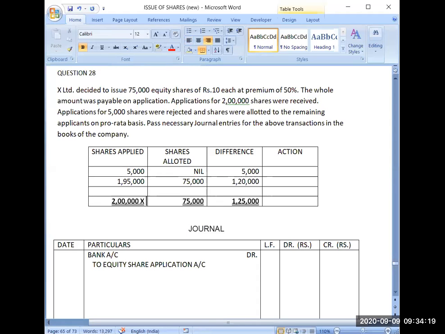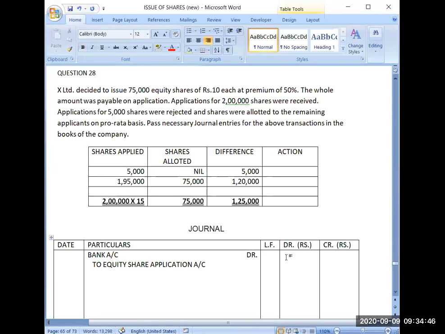Tell me how much amount you will be receiving on the application. Yes, very good. 15. Yes, please. This amount is clear.